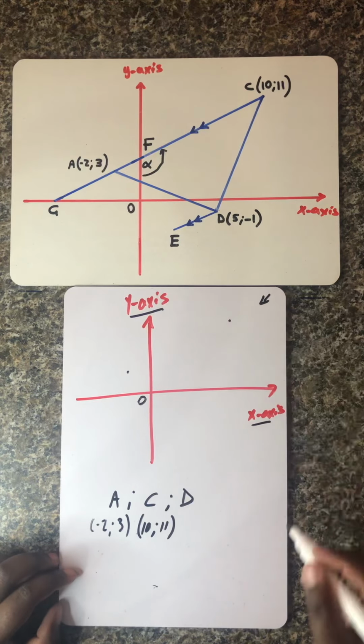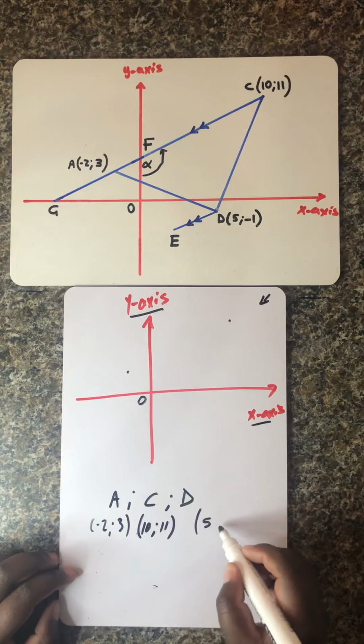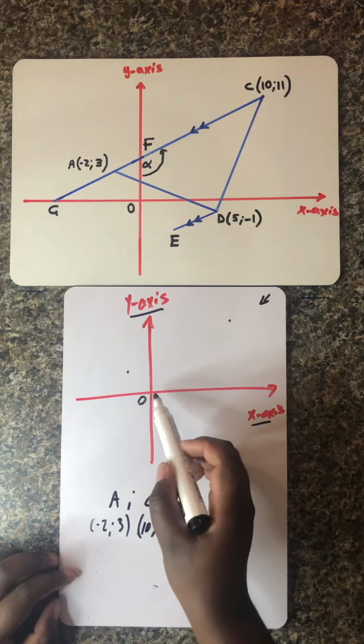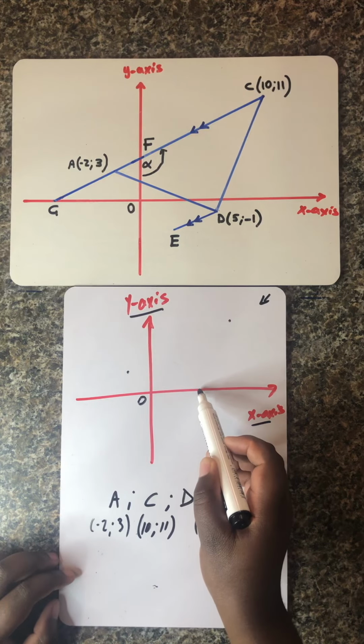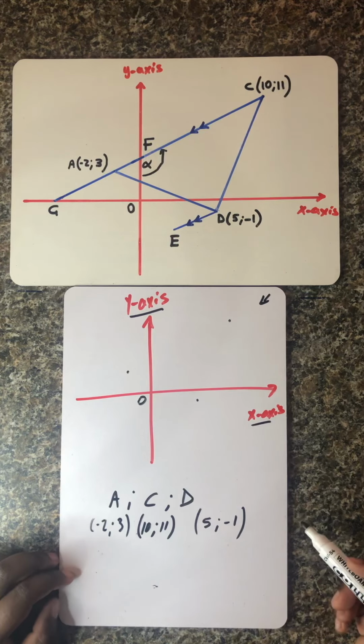D is where x is 5 and y is -1, so you move 5 to the right and then go down by just 1.